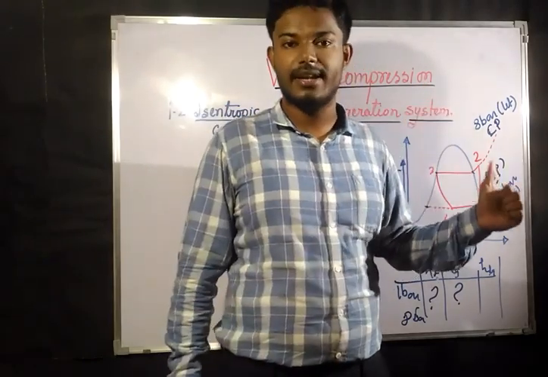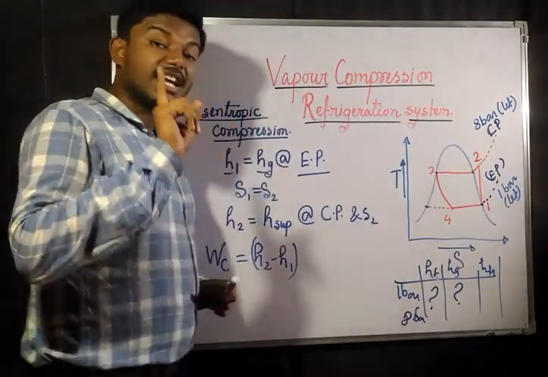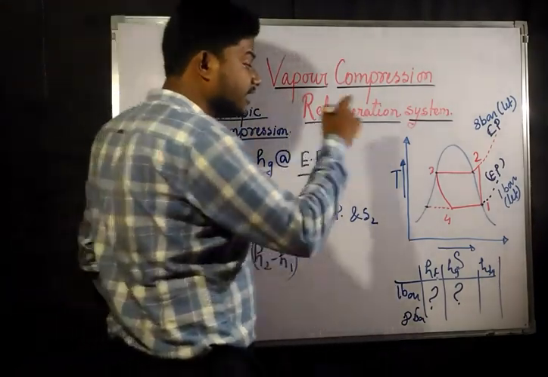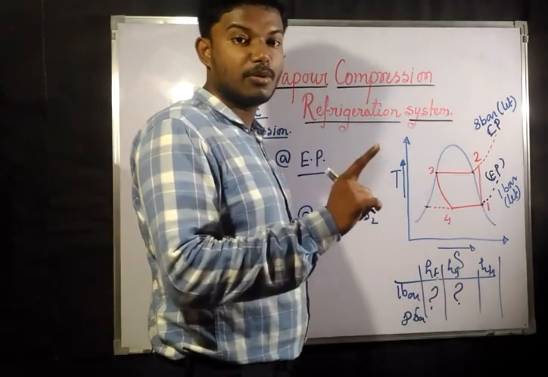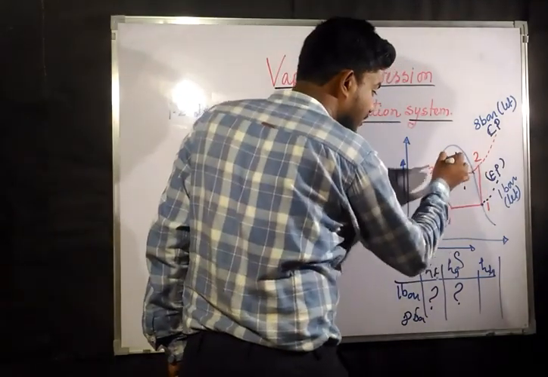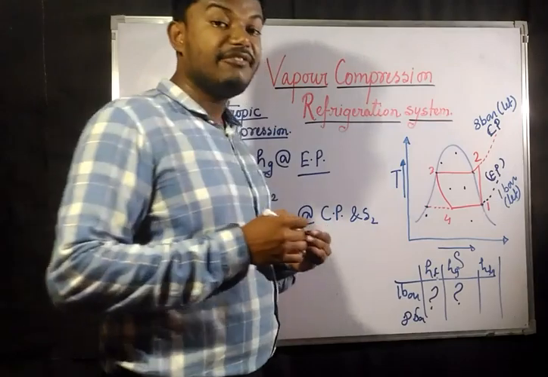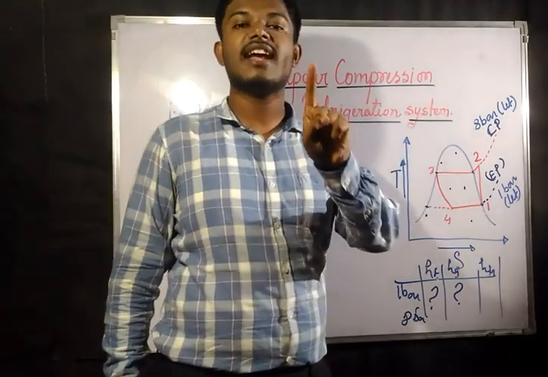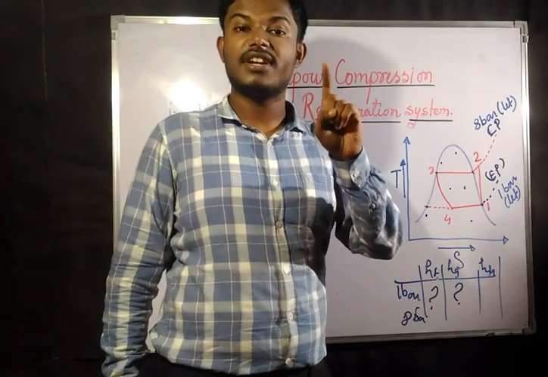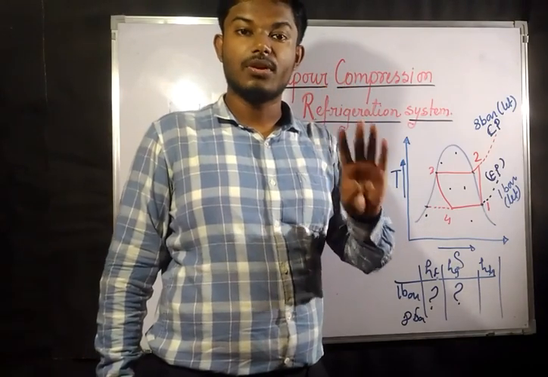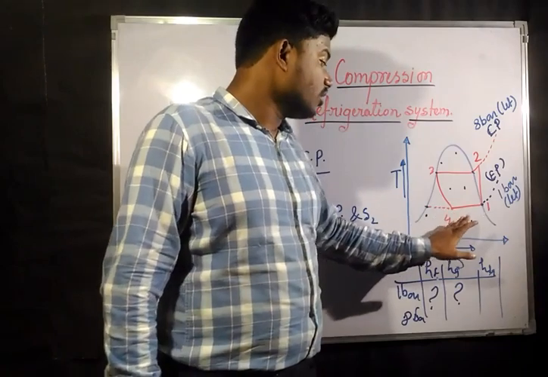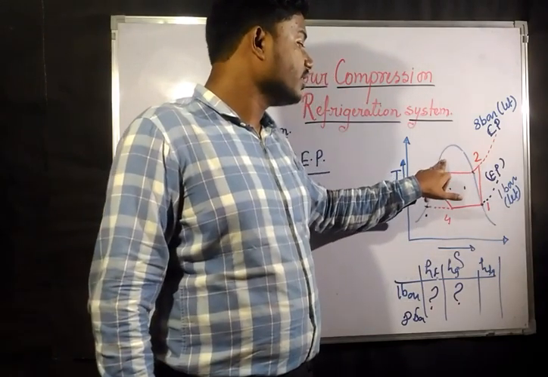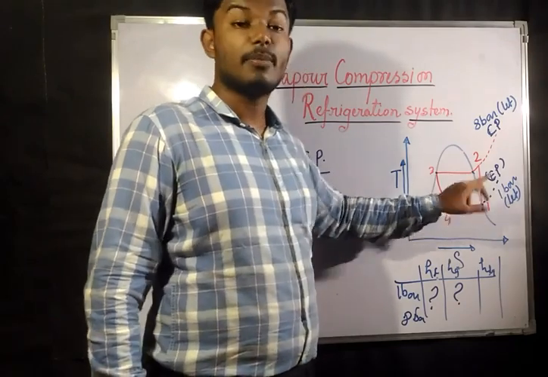But the concept of dryness fraction only applies when the point where you need to find the properties is inside the vapor dome. If and only if the point is inside the vapor dome does the dryness fraction concept come in, but not otherwise. Now entropy is the same between point 1 and point 2, so we are going to find the properties of point 2.